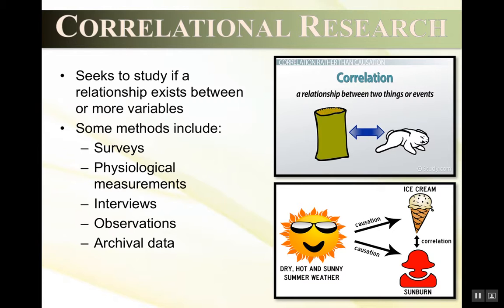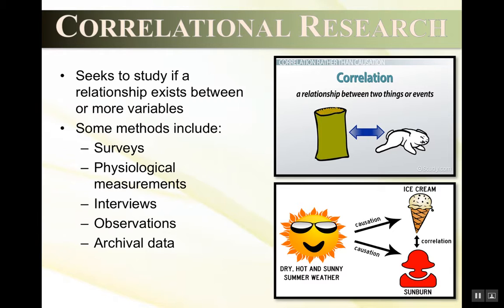typically happen during warm weather, but did the sun cause it? Or did it cause it because people were in the sun? Or did it cause it because it was summer months and ice cream to cool down? So the causation and the correlations have to be a little bit different. We have to be very, very careful because correlations don't equate causation.